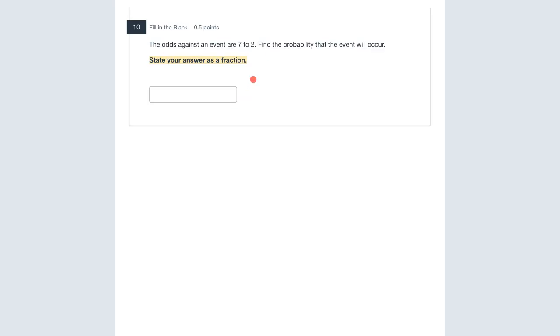The odds against an event are 7 to 2. What is the probability that the event will occur? So this means there are 7 fails and 2 successes. Now add those together, that means there are 9 total outcomes.